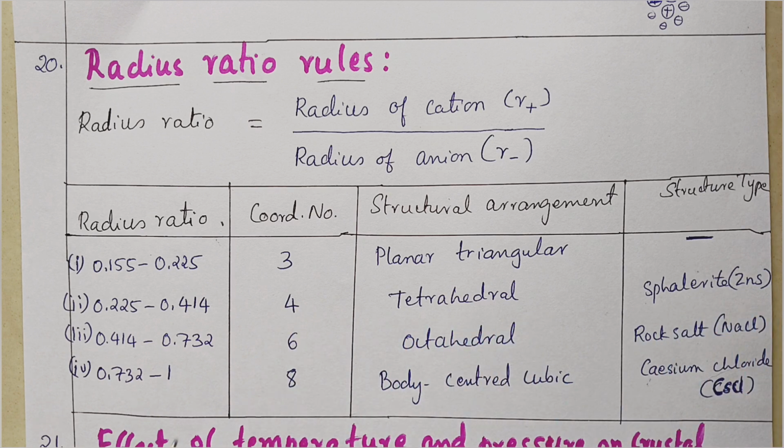From 0.414 to 0.732, the coordination number would be 6. It will have an octahedral structure, for example rock salt, NaCl. From 0.732 to 1, the coordination number would be 8. It will have a body-centered cubic structure. Cesium chloride is an example.